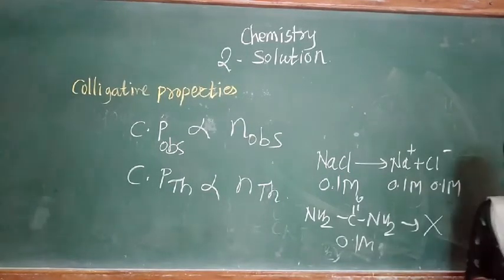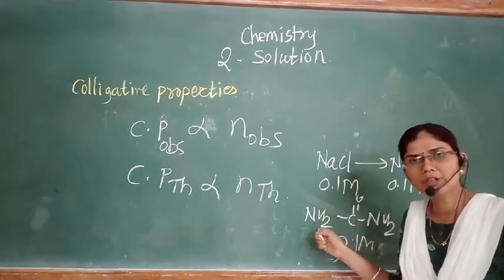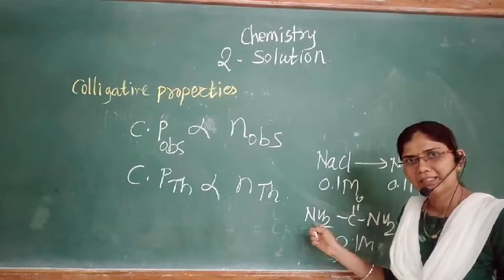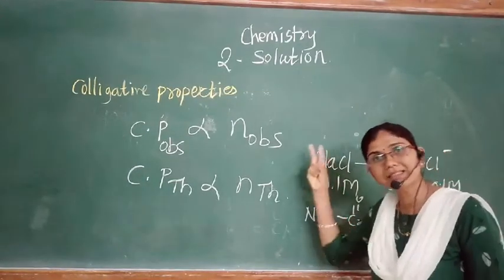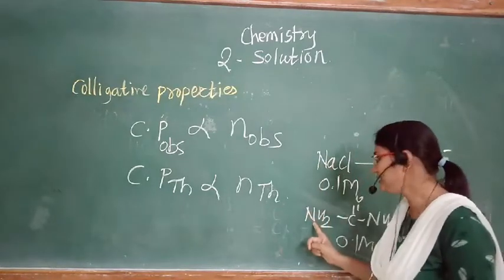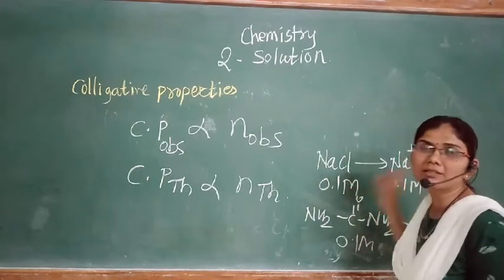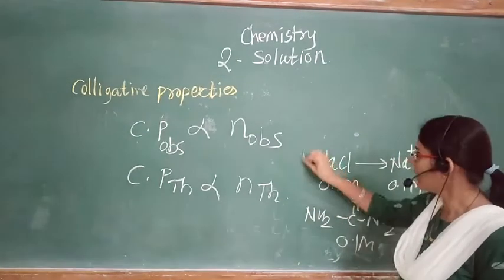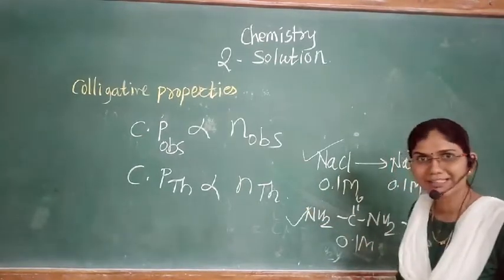That means a 0.1 molar urea, sucrose, glucose or fructose solution has half the colligative property of NaCl, because NaCl gets dissociated into two particles. This is an example of an electrolyte, and this is an example of a non-electrolyte.